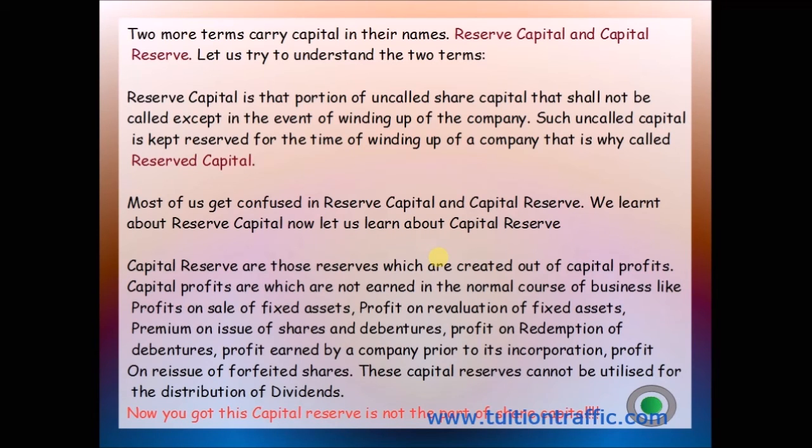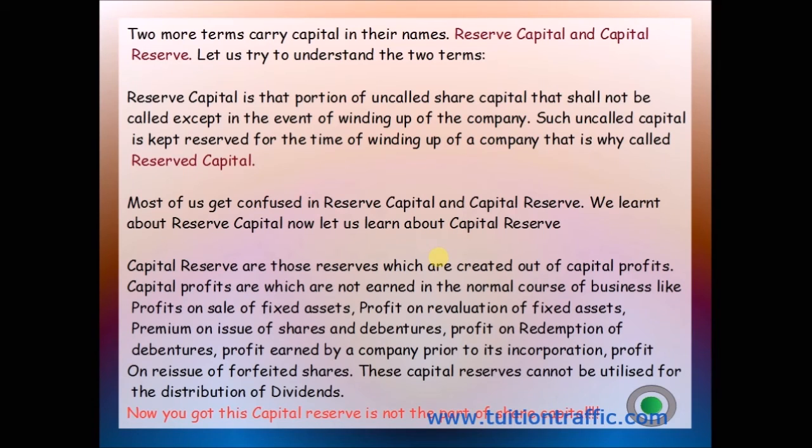Such portion of uncalled share capital which shall not be called except in the event of winding up of the company is called reserve capital. It is available only for creditors in the event of winding up of the company.